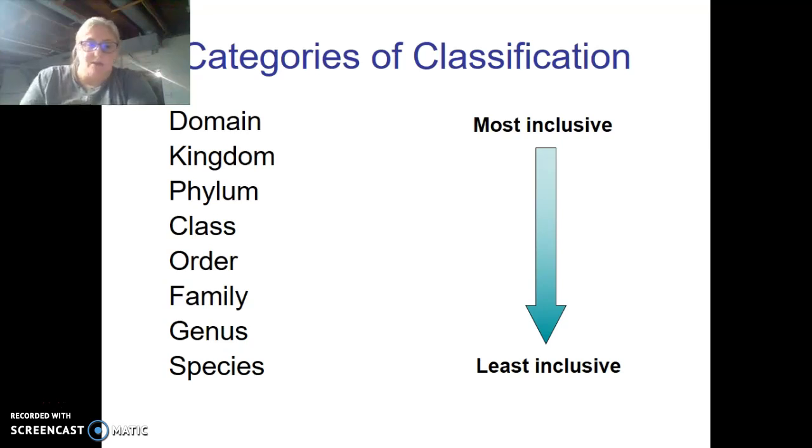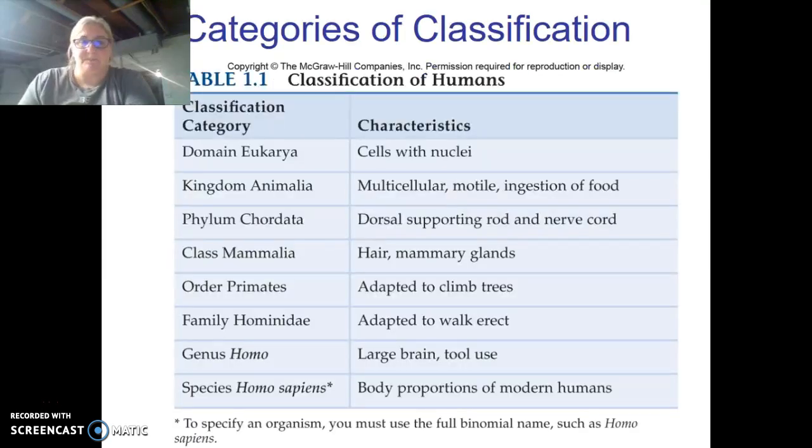Then we go down to species, which is the individual group of organisms that can interbreed and produce offspring. I talked about this already, but this is your human classification: Eukarya, Animalia, Chordata, Mammalia, Primata, Hominidae, Homo, and then Homo sapien, which is the entire group that we fall under.